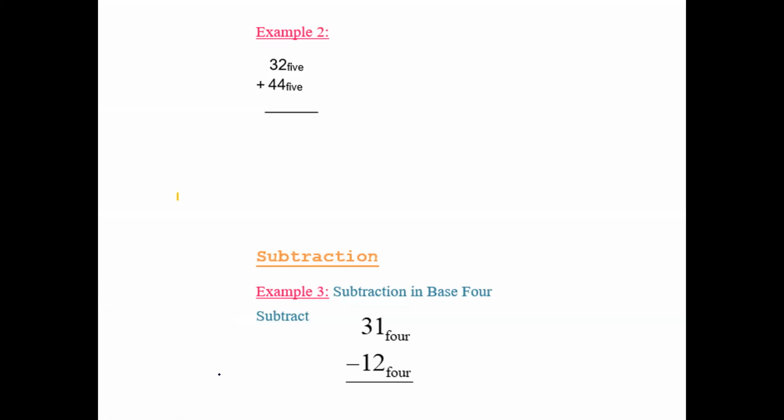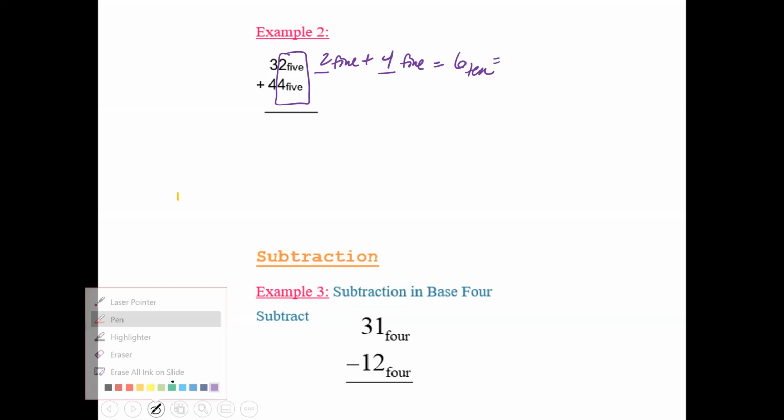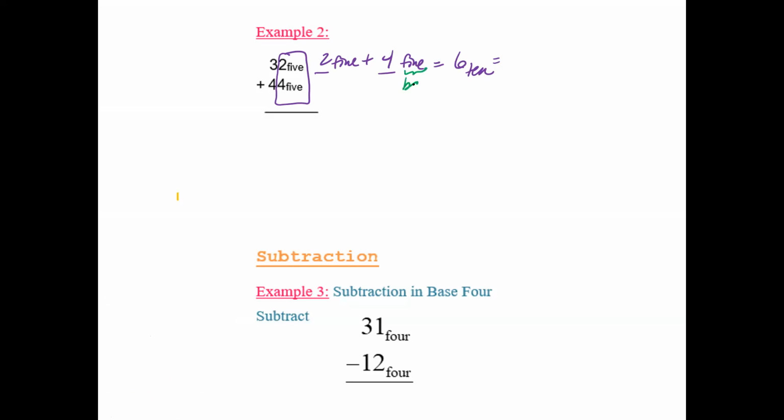Okay, so let's take a look at this one here. You have 2 base 5 plus 4 base 5. So 2 and 4 is going to give you a 6, but the base is converted back to 10. I need to convert that back into a base of 5, because remember, that's your base. So I'm going to do 1 times a base of 5 plus that 1 has to be there.